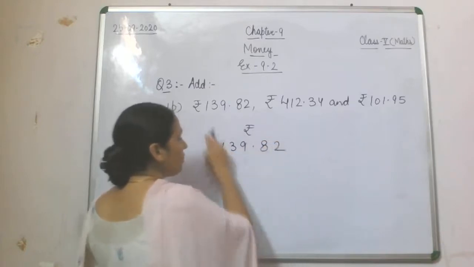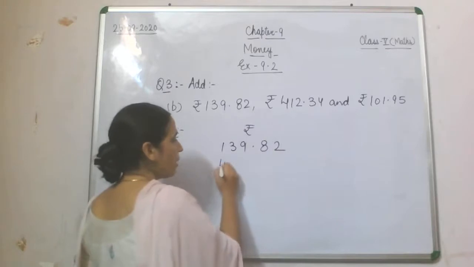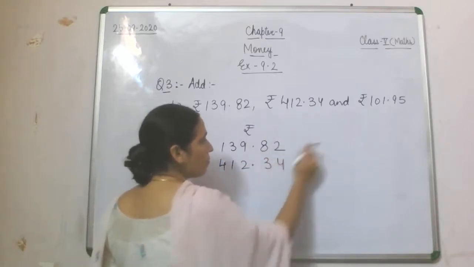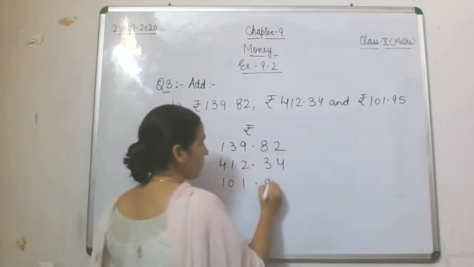So I've written 139 and 82 paisa, after that 412 and 34 paisa, after that 101 and 95 paisa.